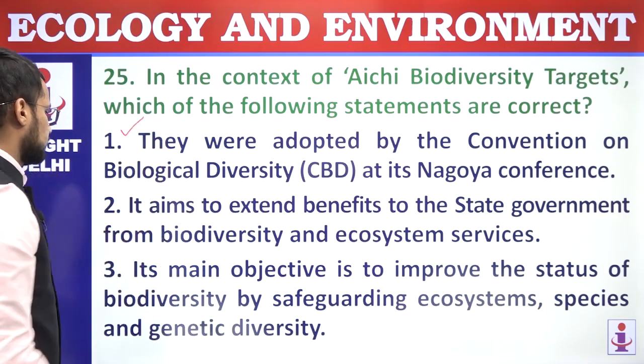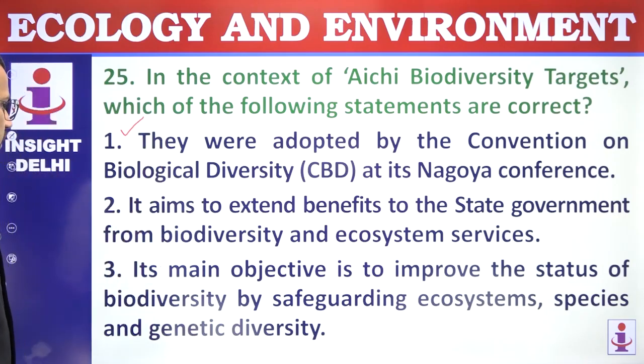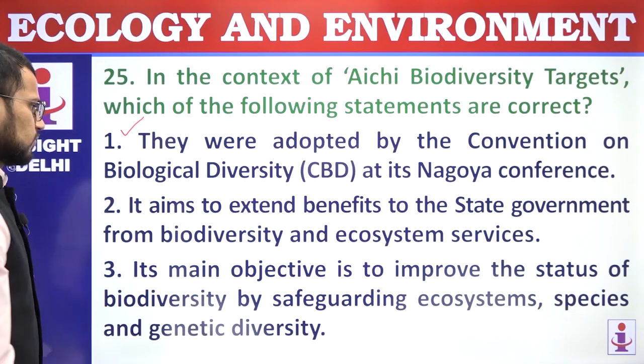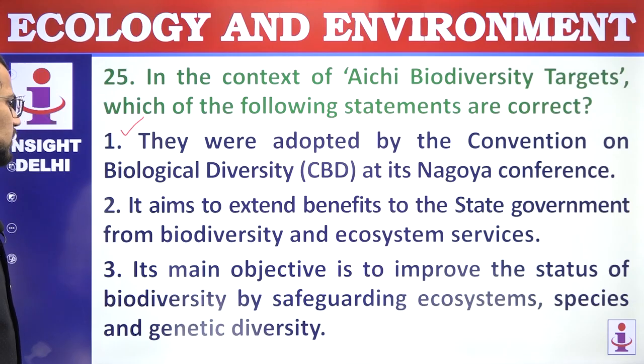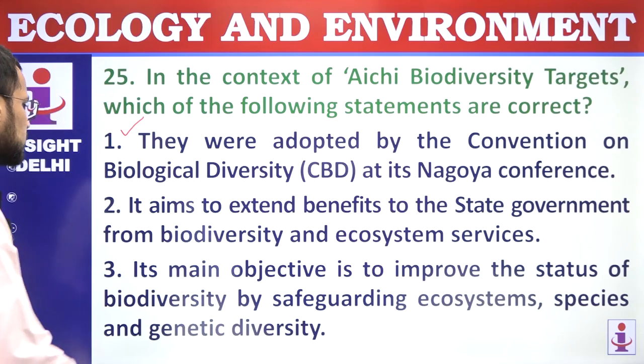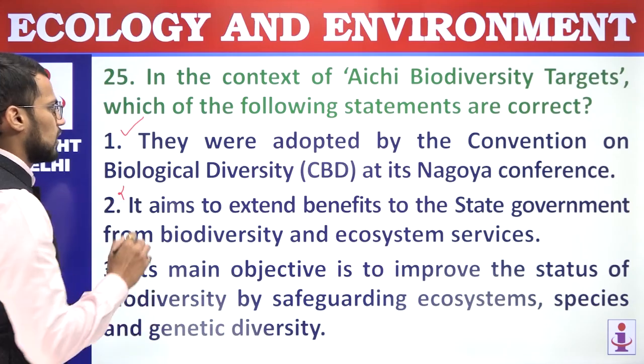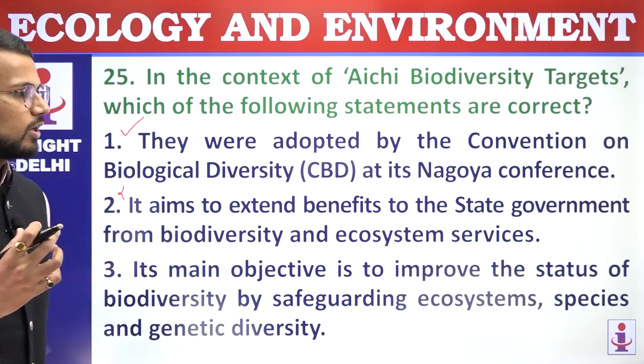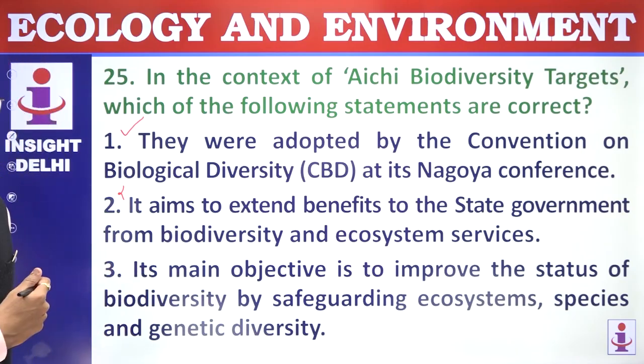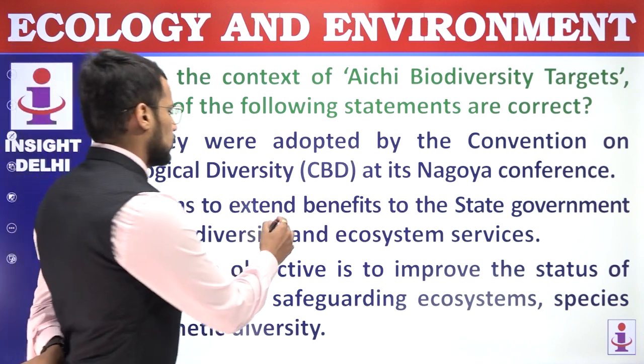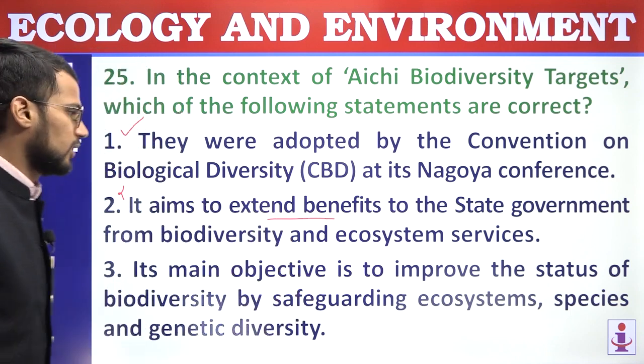Correct statement. Second statement, it aims to extend benefits to the state government from biodiversity and ecosystem services. Right, so this statement is not correct, because the Aichi action plan is trying to ensure that biodiversity is conserved firstly, right? It is not about extending benefits to state government.